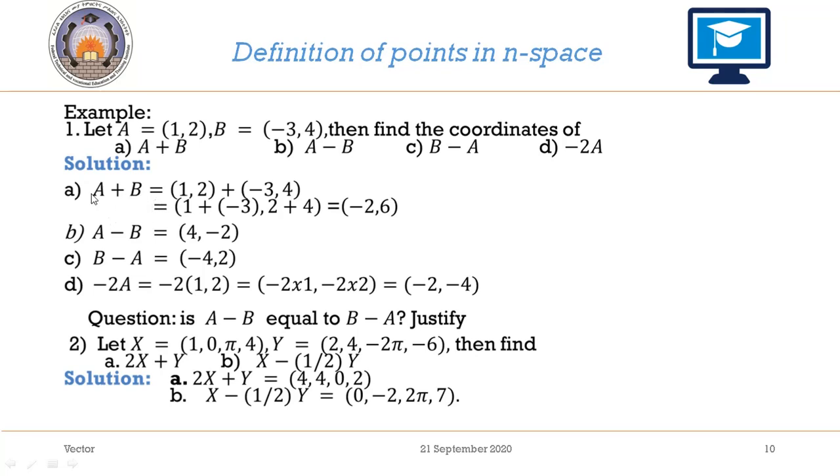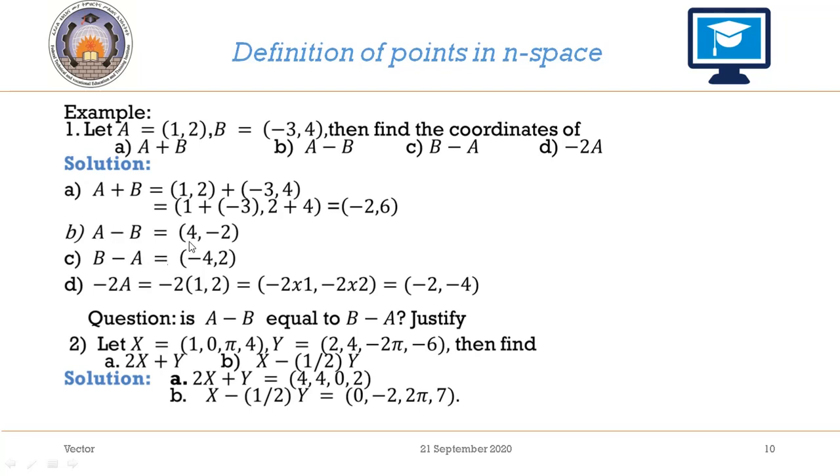To find the coordinates of A plus B, directly add the first coordinate of A with the first coordinate of B and the second coordinate of A with the second coordinate of B. Then it equals (1, 2) plus (-3, 4). The first component of A plus B is 1 minus 3. The second component is 2 plus 4. The coordinates are -2 and 6.